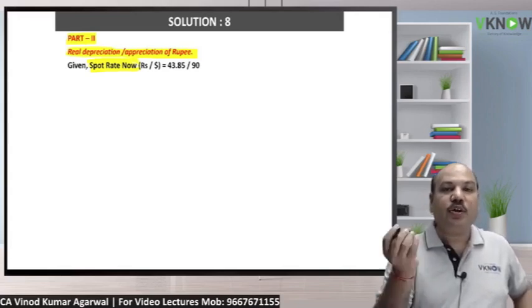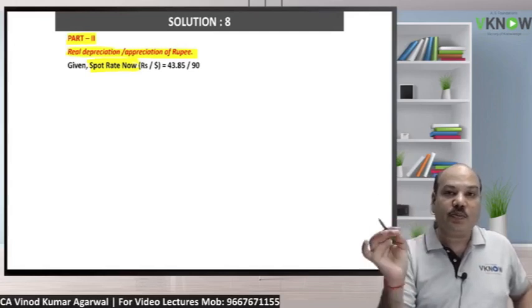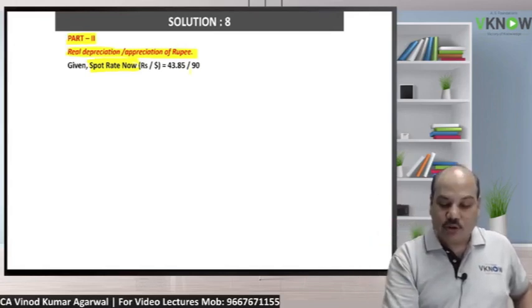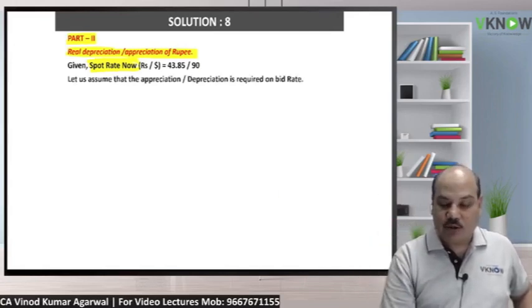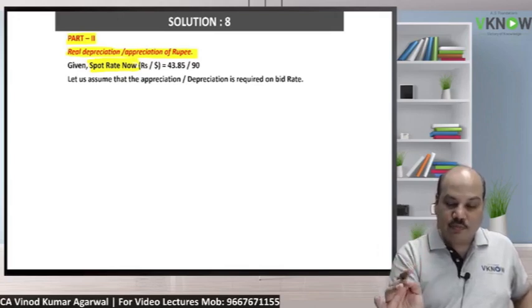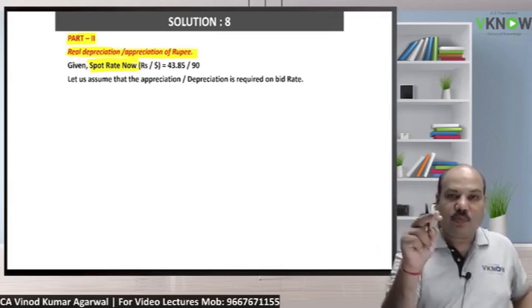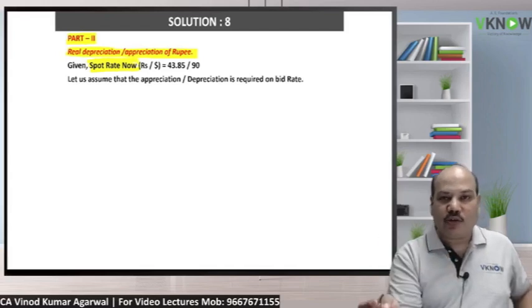Now means after 1 year from the date of investment, rupees per dollar, 43.85 buying rate and 43.90 selling rate. They have not clearly mentioned in the question whether they want appreciation or depreciation in buying rate or ask rate.